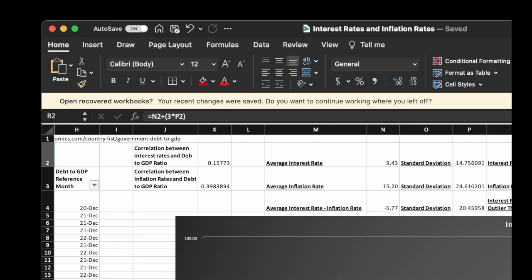I use 3, but again, you get the mean, the average, and the standard deviation, and 3 times the standard deviation gives the outlier threshold. If there was an outlier, then I color-coded the cell maroon. And I did the same thing for the difference between the interest minus the inflation rate.